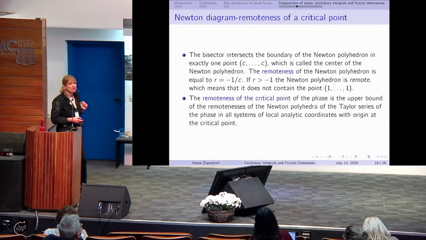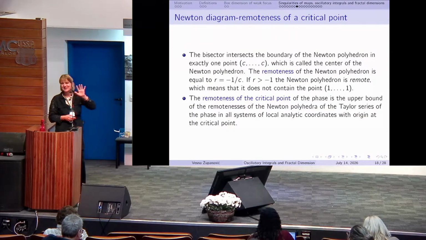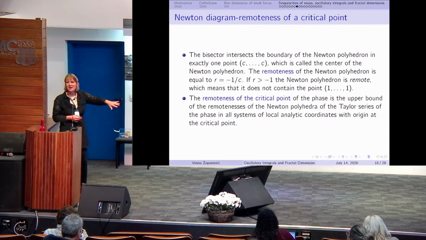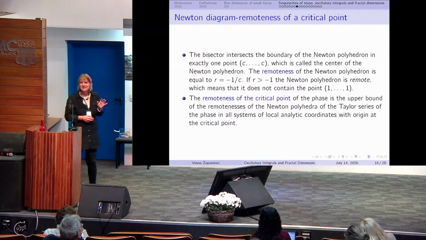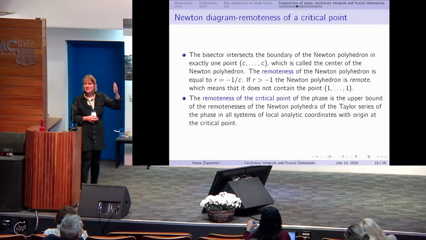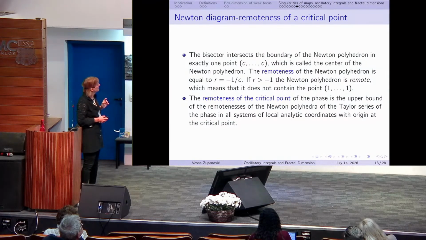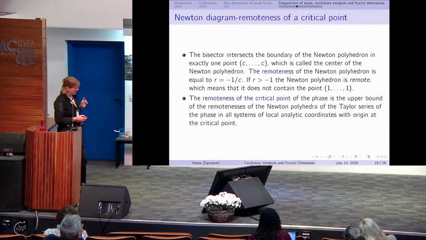Okay, and for oscillatory integrals, there is something which is very important. In my thesis, I was working with the principal part. I defined a generalized principal part for vector fields, but at that time I didn't know that the remoteness of the Newton diagram is directly related to oscillatory integrals. What is remoteness?